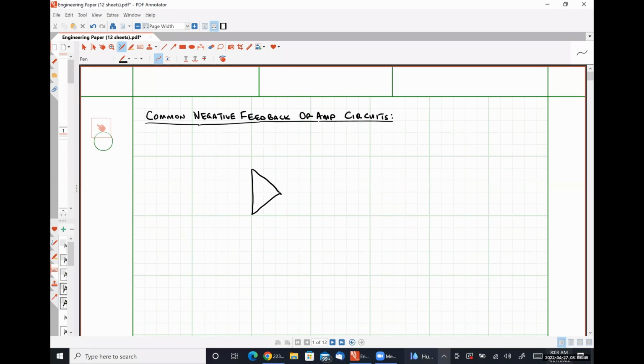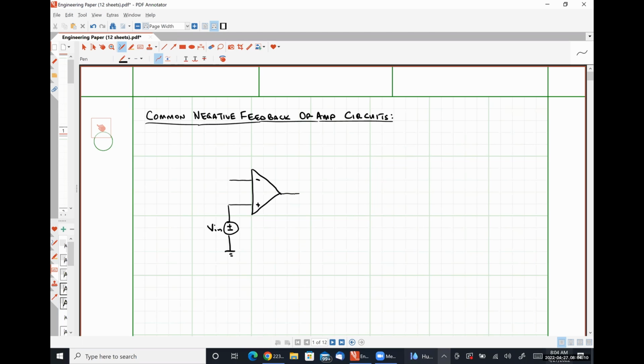this guy here. Where we are going to apply our input voltage, Vn, to the non-inverting input terminal.